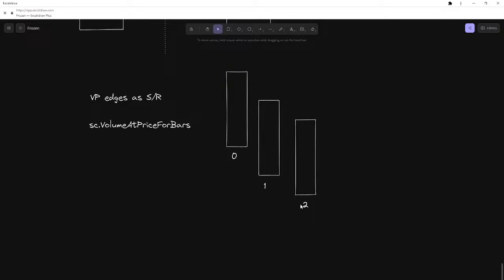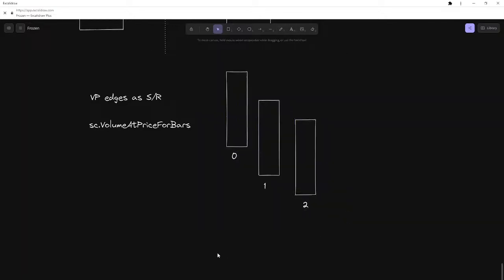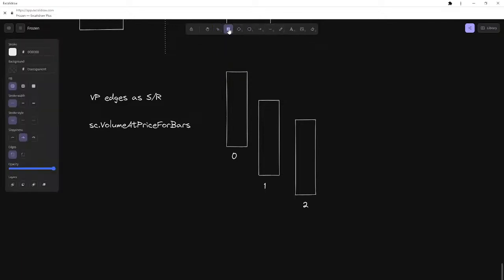So bar 0, 1, and 2. We're on the leftmost edge of the chart, or it's just a 3-bar chart. What this does is it gives you each volume node and information about that node at each tick within these bars.